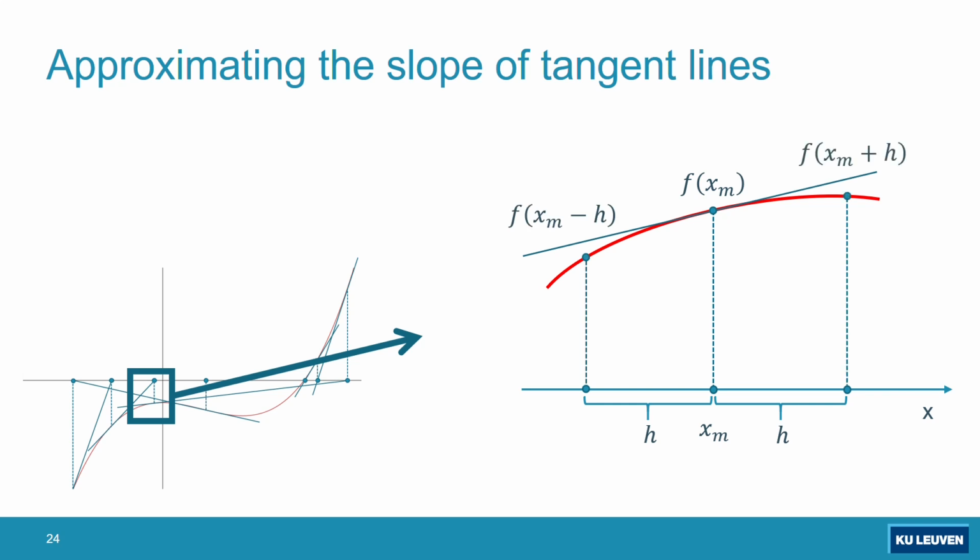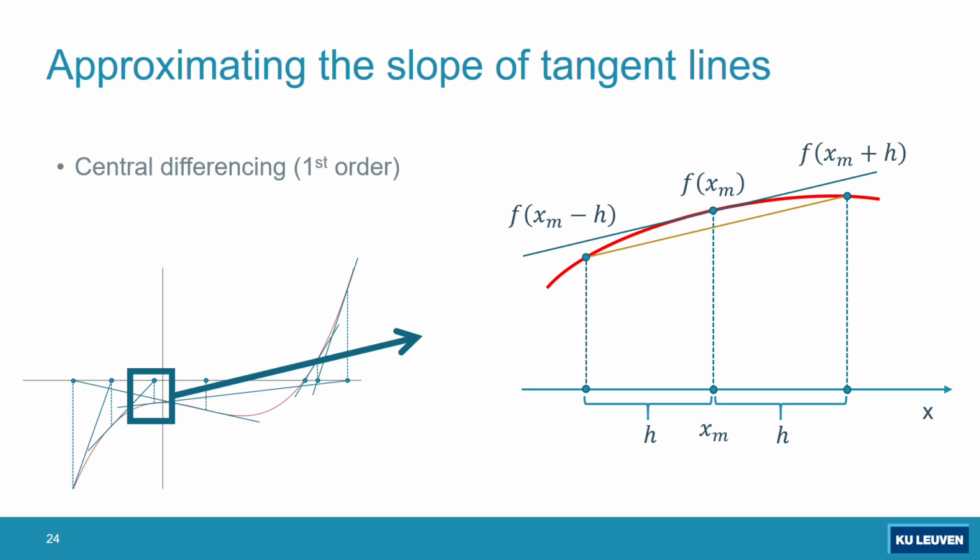Then I connect these two points together, and you see that the slope of the new line, which we can get, is approximately the same as the slope that we wanted. So in this way, we can easily approximate the slope. And this is actually what we use in the Newton method to get the slopes at the points, to go to the solution iteratively.